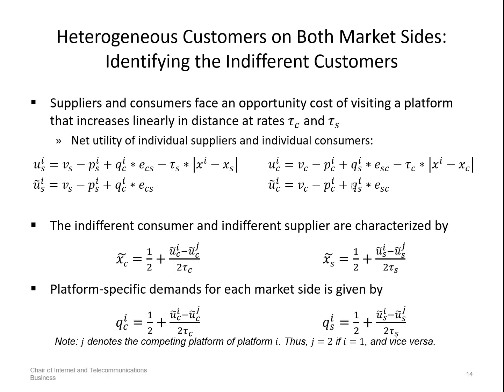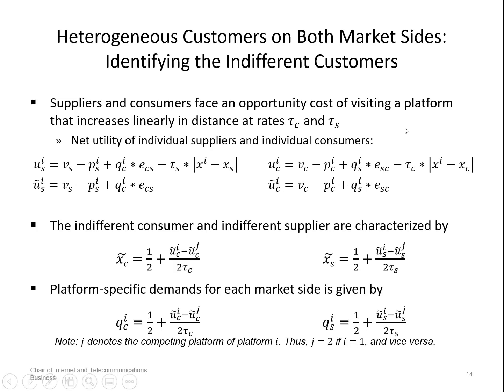So let's try to understand how the two-sided demands are obtained. Basically, we try to obtain the indifferent customers on both sides, right? Suppliers and consumers face an opportunity cost of visiting a platform that increases linearly in distance at the rates tau c and tau s, which is also the differentiation parameter, the Hotelling parameter. The net utility of individual suppliers and individual consumers is given as follows.